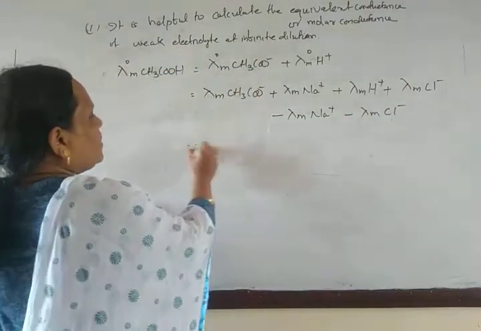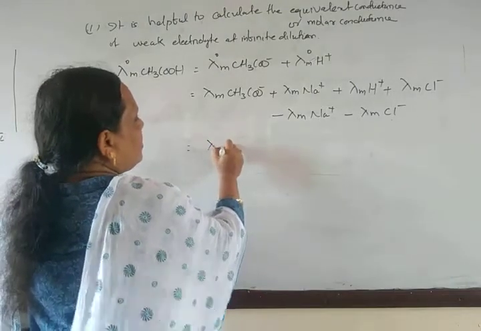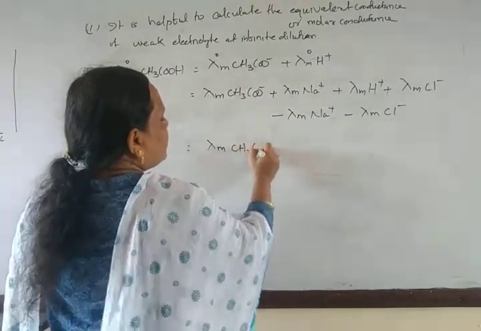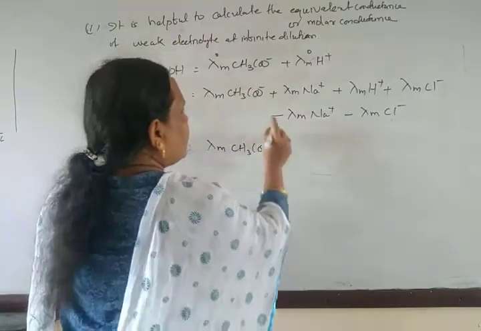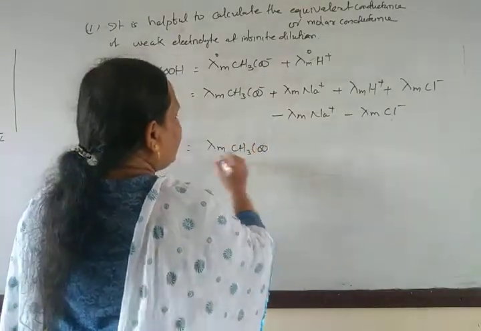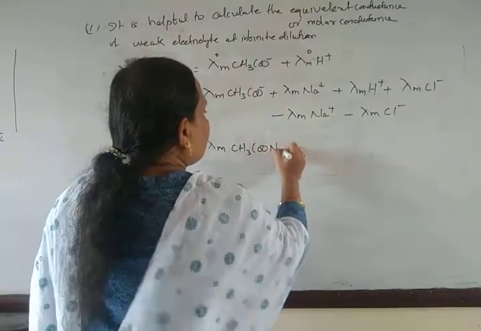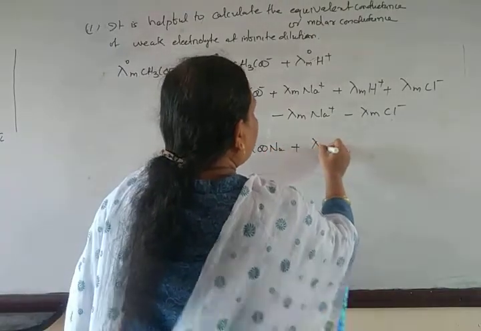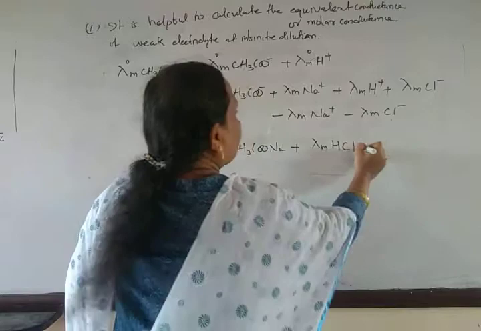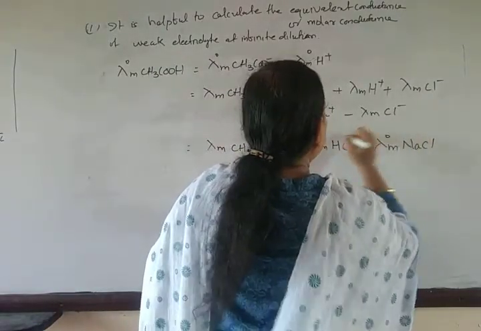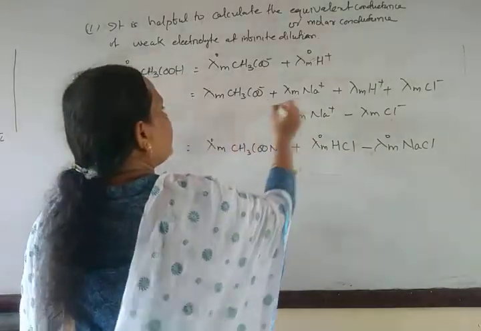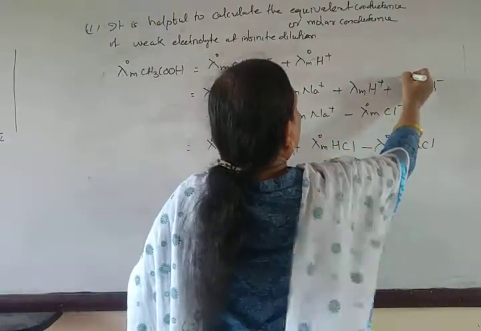So these can be cancelled. In this way, lambda m of CH3COOH equals lambda m CH3COONa plus lambda m HCl minus lambda m NaCl. All these things are at infinite dilution.